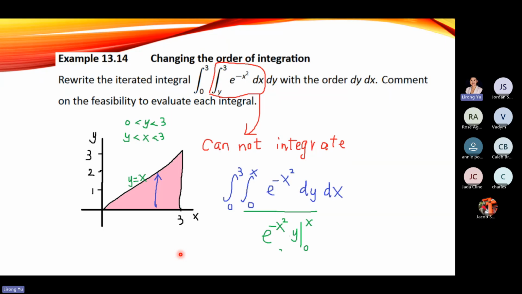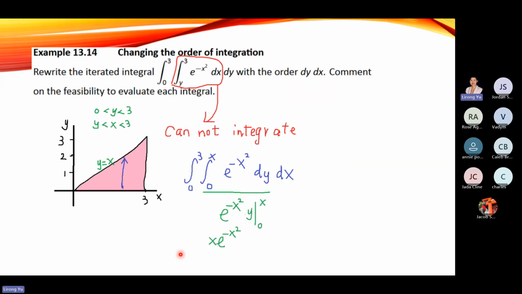Now we put in the integration limits, y equal to x and y equal to 0, and subtract. So it's going to be x, and we have x times e to the negative x squared. That's what we have inside the integration.